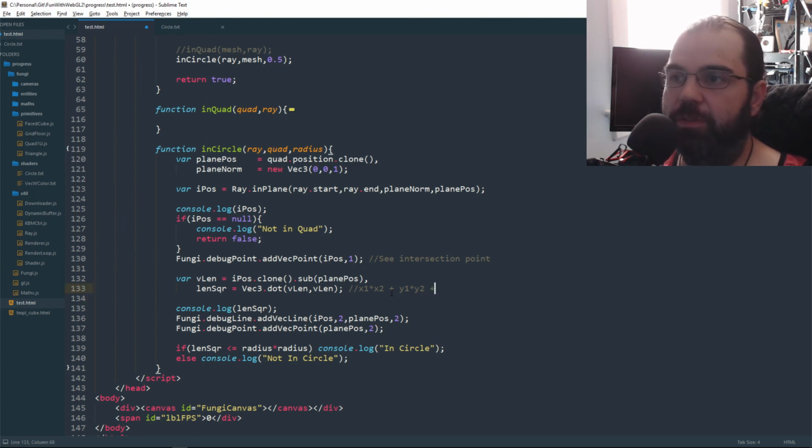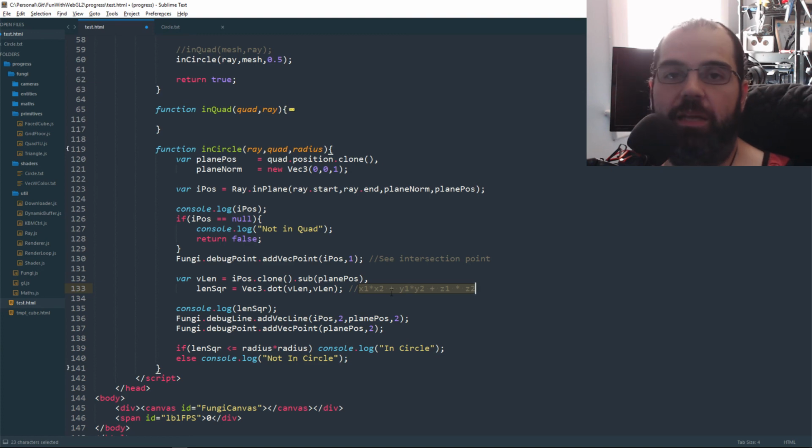Maybe I should just do it for completion's sake: z1 times z2. So that is length squared, basically. Once you have this, you then take that value and do a square root of it, and that gives you the exact length between those 2 points.